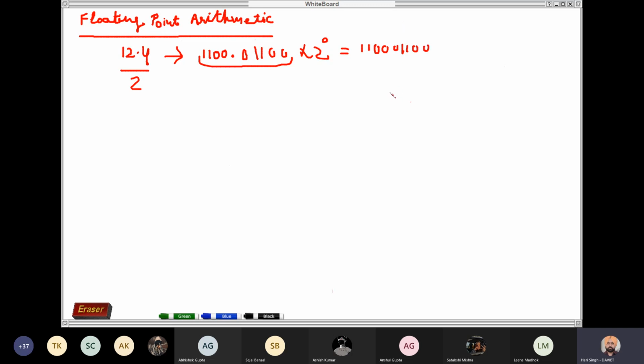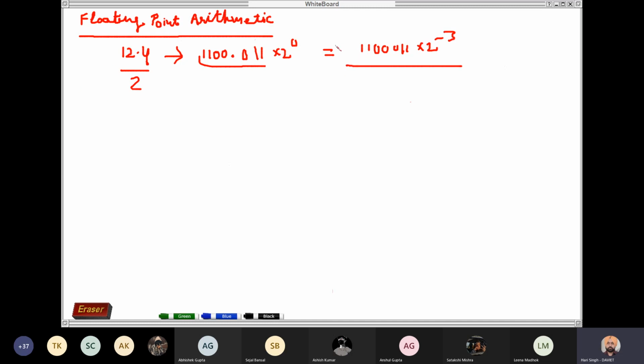Even to reduce the number of steps, let me remove these zeros. It will be 2 power 0 is equal to, notice, 2 power minus 3. Then it is to be divided by 2.